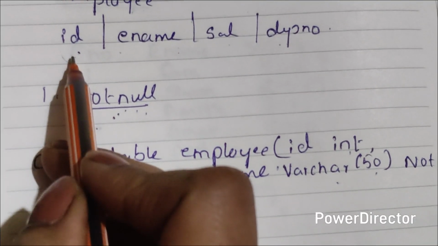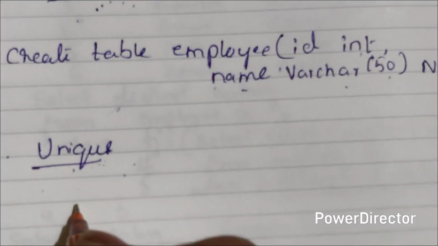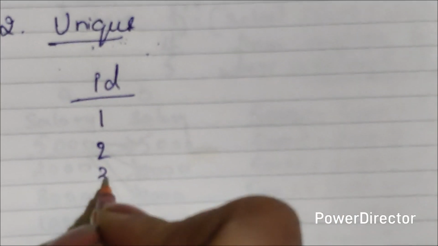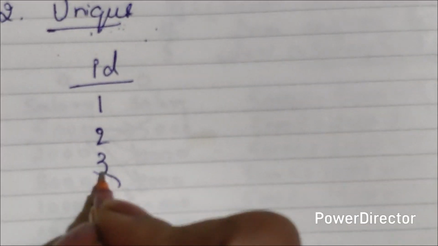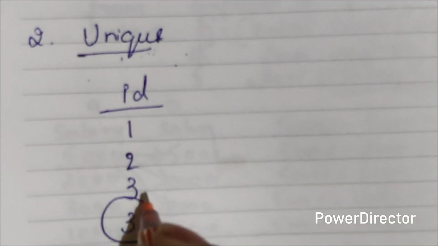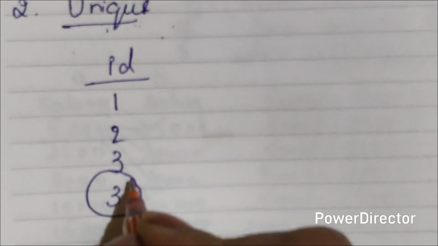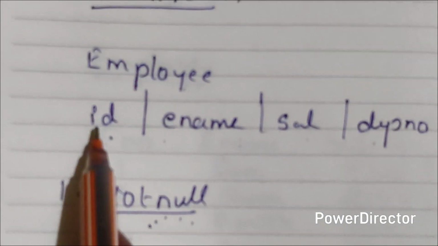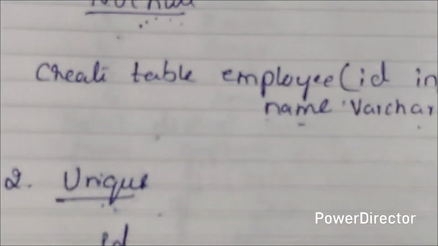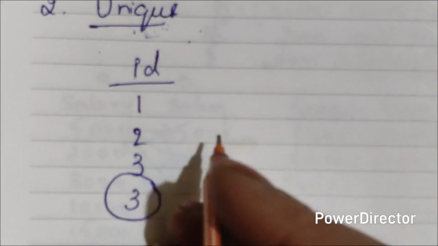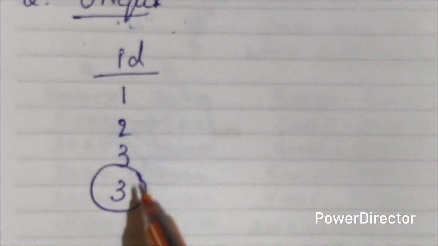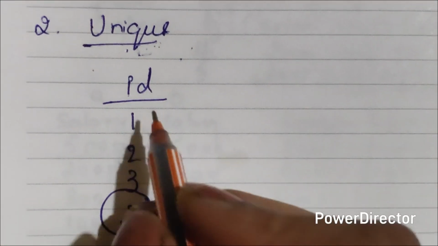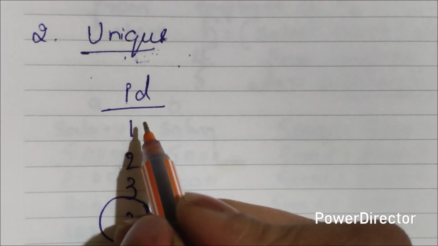Suppose you enter the values 1, 2, 3, 3, no, you can't enter duplicate values because this number is repeating. If you give the unique constraint to this attribute, it will restrict duplicate values from being inserted into this attribute.